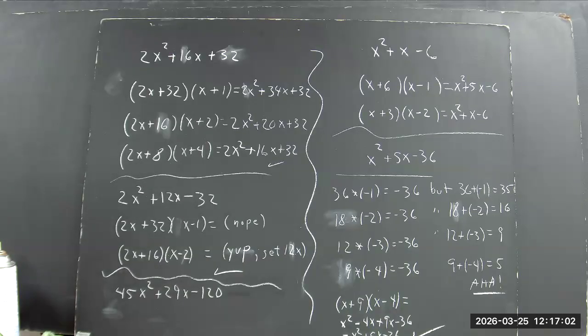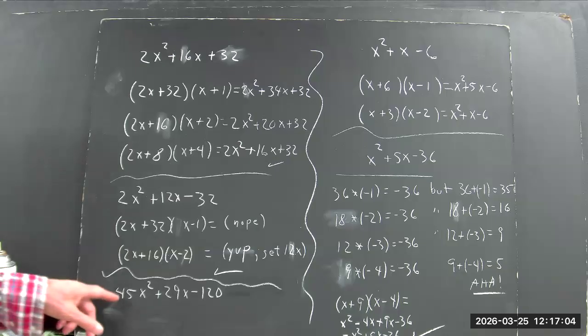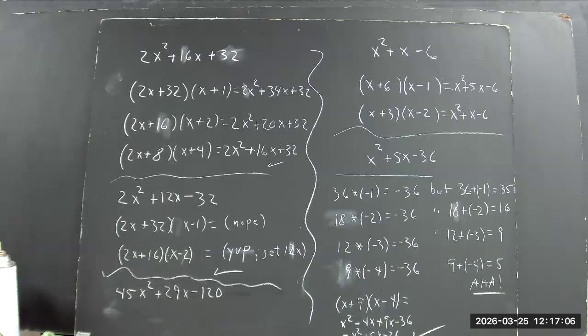You can see where it gets really complicated because 45 has factors of 3 and 9 and 5, right? 120 has a bunch of factors. 2 is a factor 4 times. So you're going to have 2, 4, 8, and 16.